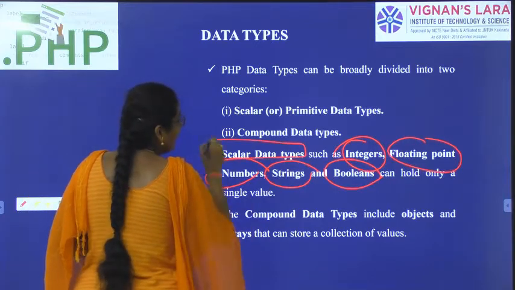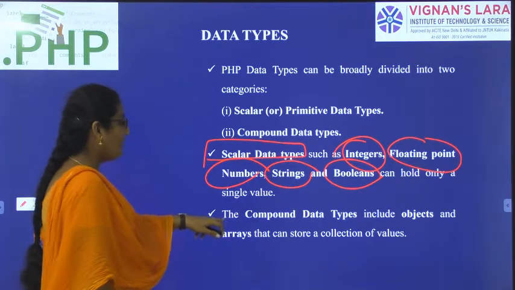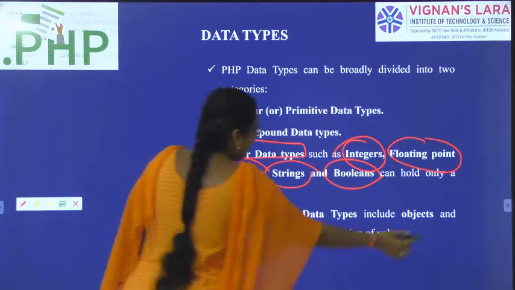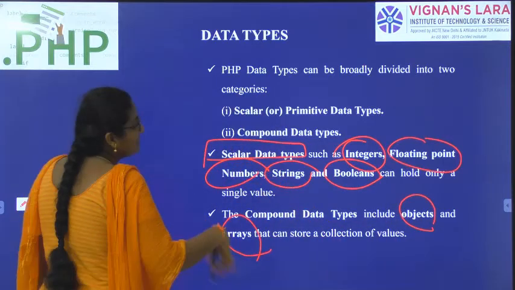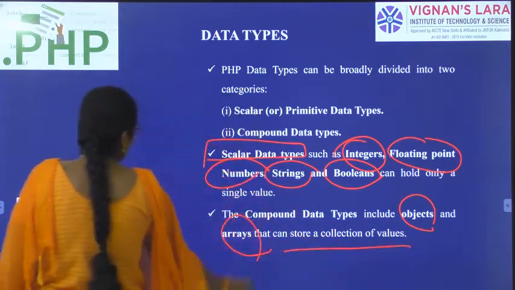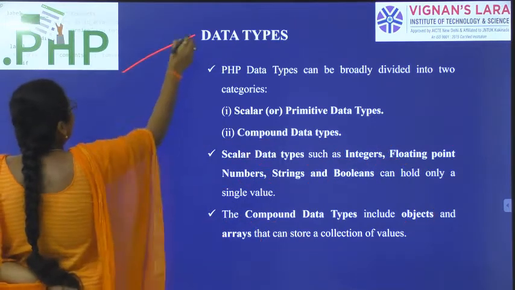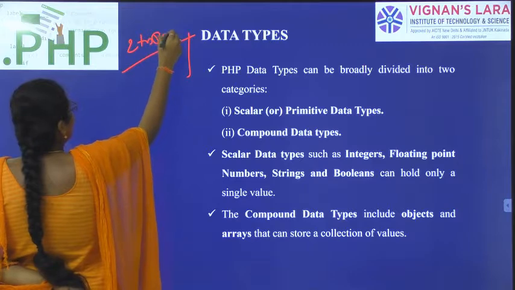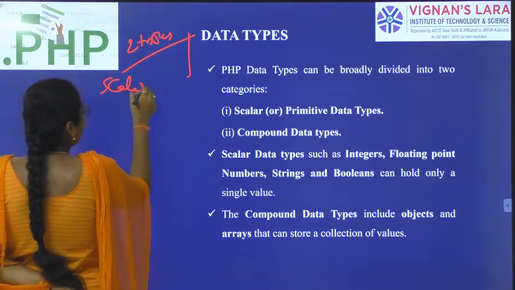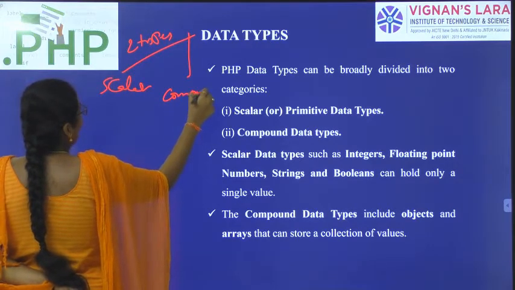Then what do you mean by compound data type? Objects and arrays which can hold a collection of values are compound data types.